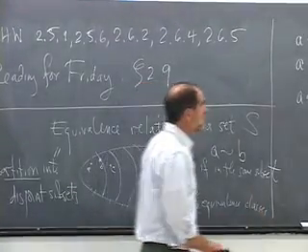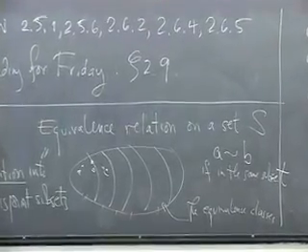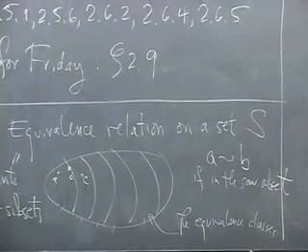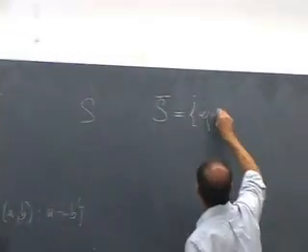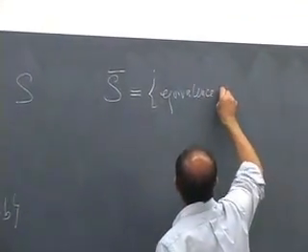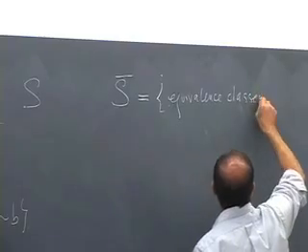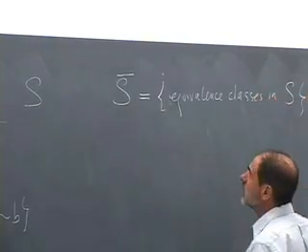And you have a map. Let's call S the set, and let's call S bar the set of equivalence classes in S for an equivalence relation.